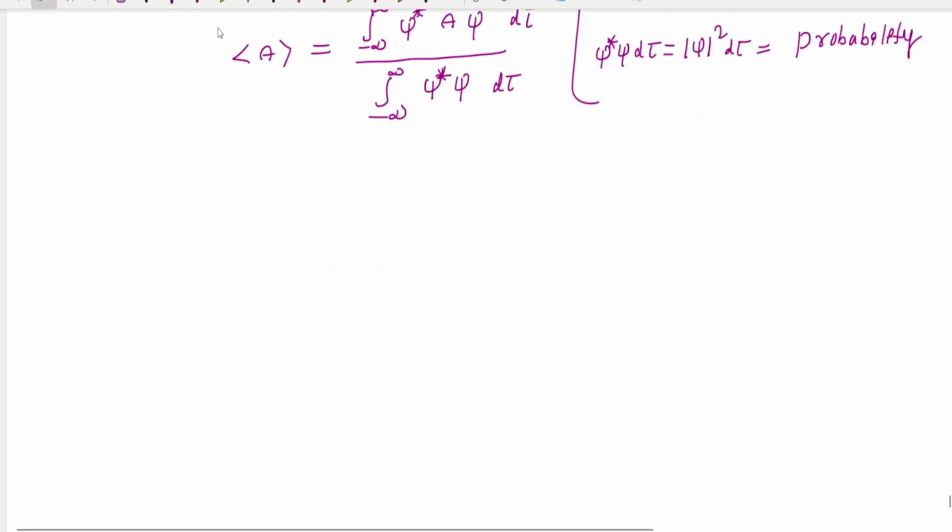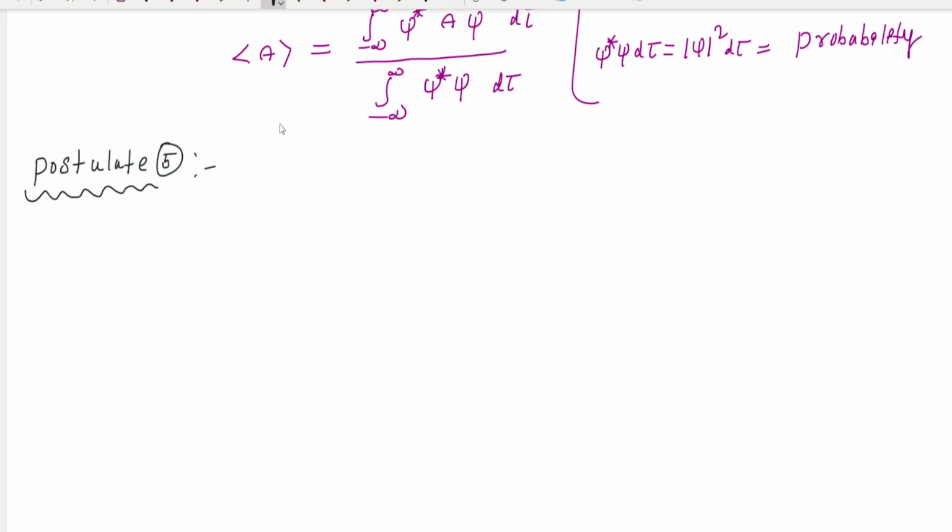Next, fifth postulate. Postulate 5. So you need to write these statements each and every time. Time evolution of the system.